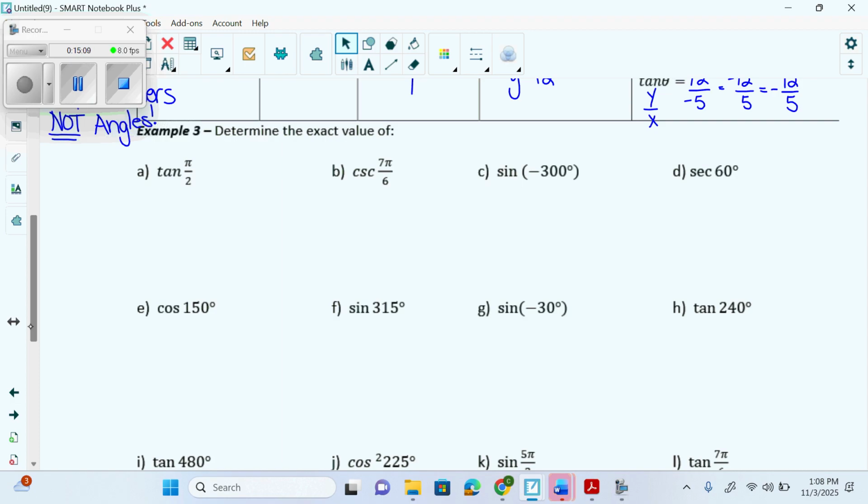Okay? So let's look at cosecant 7 pi over 6. Now, question. And the reason why I'm asking this is it's not my first rodeo, and I know what bad things you guys choose to do. 7 pi over 6, is that an angle or an answer? It's an angle.